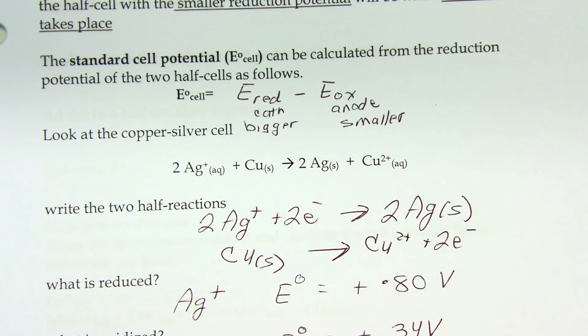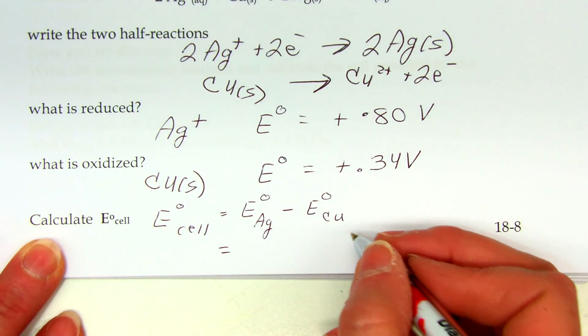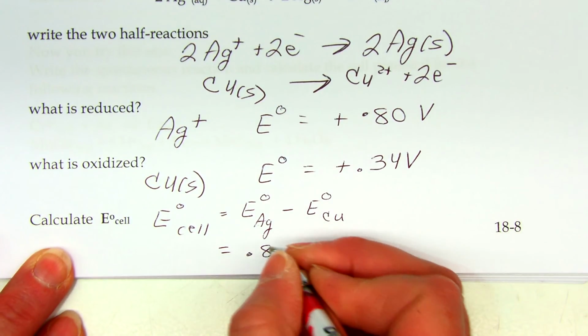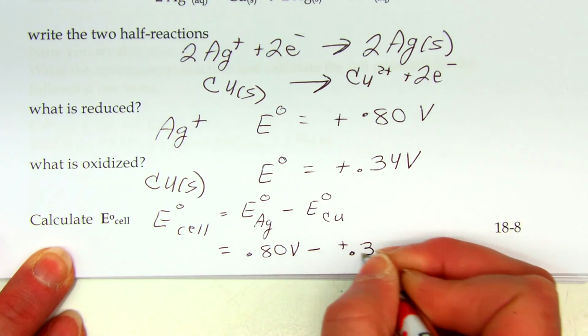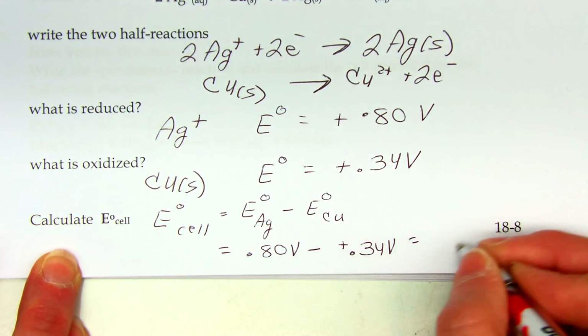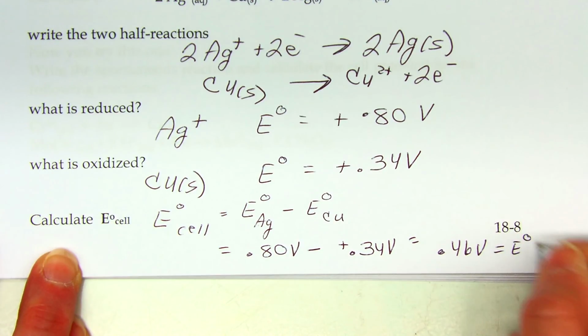E0 for the cell is equal to E0 for the reduction half, the silver half, minus E0 for the oxidation half, the copper. So that's equal to 0.80 volts minus a positive 0.34 volts. So we get 0.46 volts is the standard cell potential.